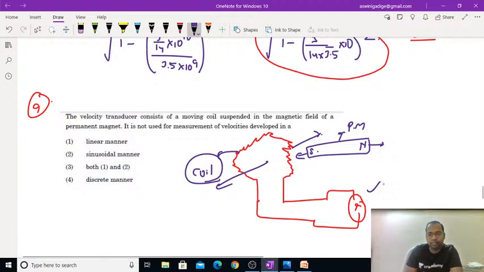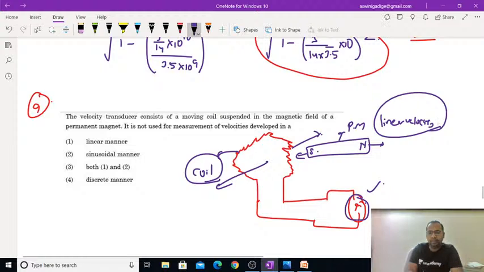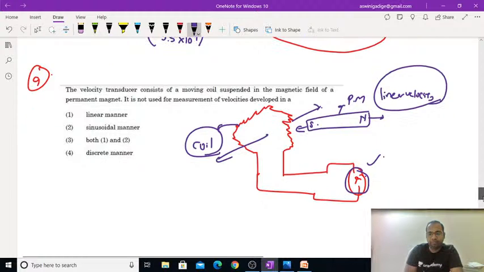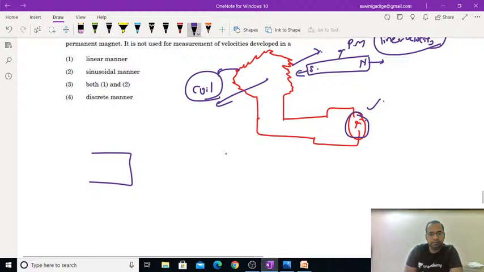Then a certain voltage will be developed, and that voltage can be measured in this meter. Fine. So it is the measurement of linear velocity. And one more thing will be there. It is a north pole and the south pole, nothing but a horseshoe magnet it is.